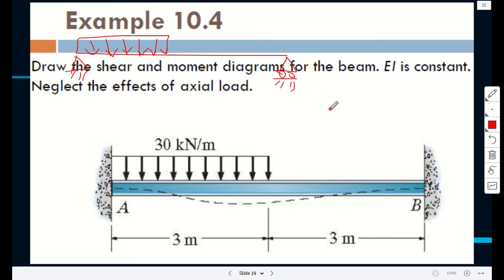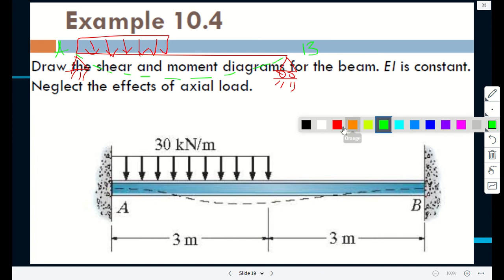But what do you do? So this is your primary structure. So this is A and that's B. And please note, because I'm using this platform, I'm going to delete after I finish working out.